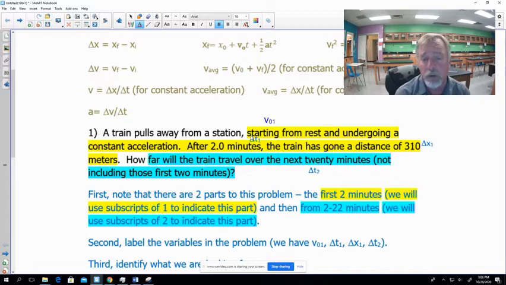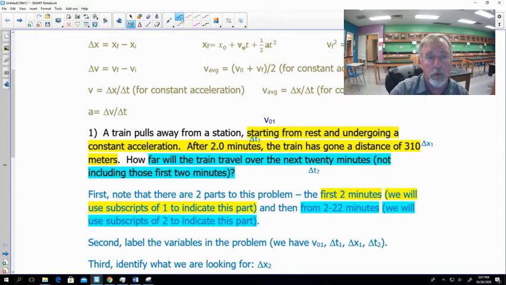It undergoes a constant acceleration. We have it for 2 minutes, that's our delta t1. We have a delta x1 here, 310, and we've listed that one here. The only other information the problem gives us is our delta t2. So I've gone through and we've labeled all of our variables that we can.